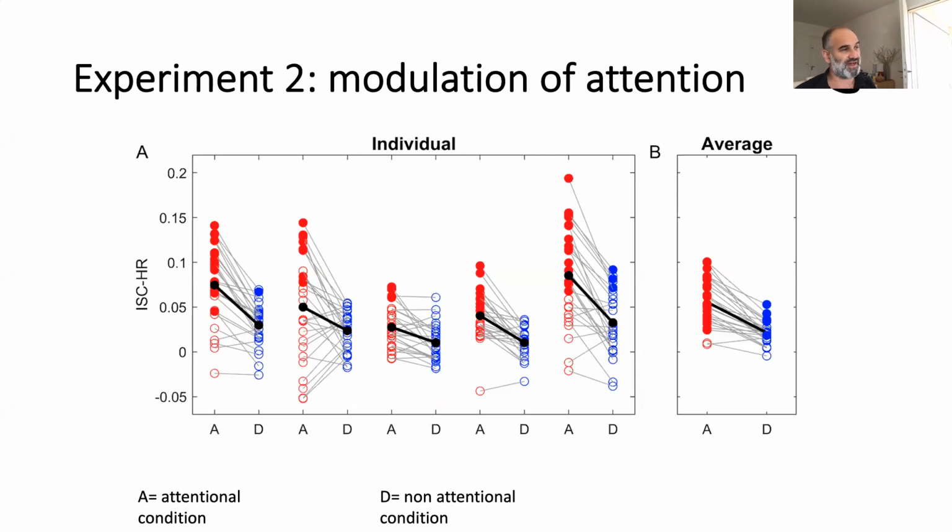So you see that even though you might find some synchronization for the distracted condition, the synchronization is much more robust when the subjects were in fact paying attention, and this is quite important. So this was the first demonstration that with attention, with the fact that the subjects were paying attention to the story, there was a strong result in terms of synchronization.